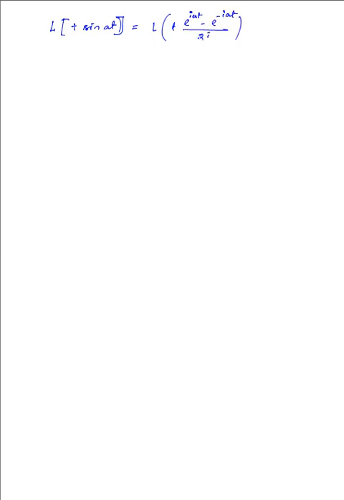Then 1 over 2i can be taken outside, and we have the Laplace transform of t times e raised to the power iat, minus the Laplace transform of t e to the power minus iat.